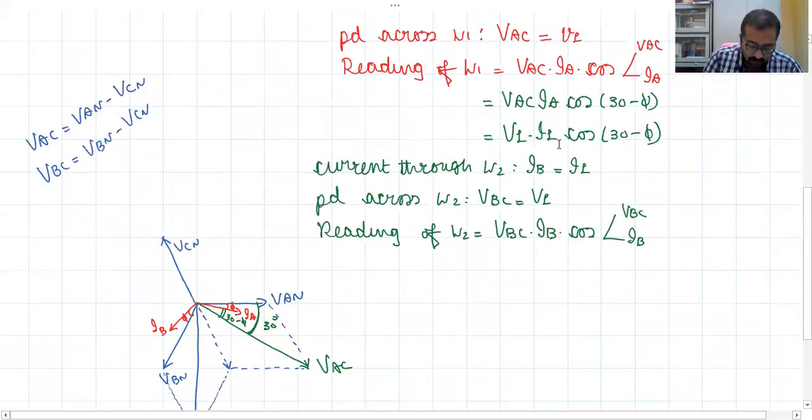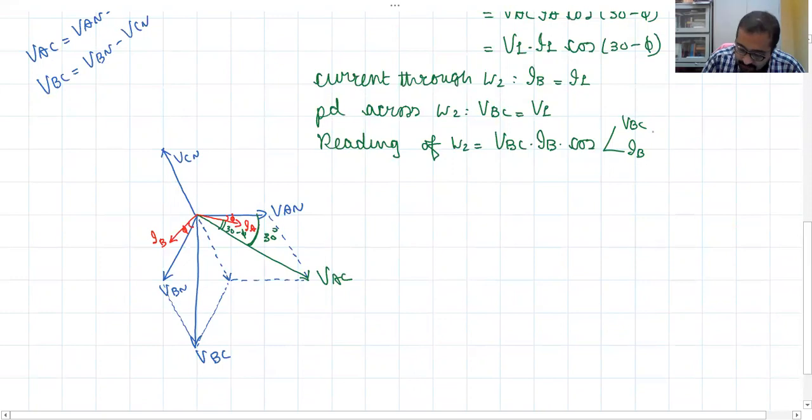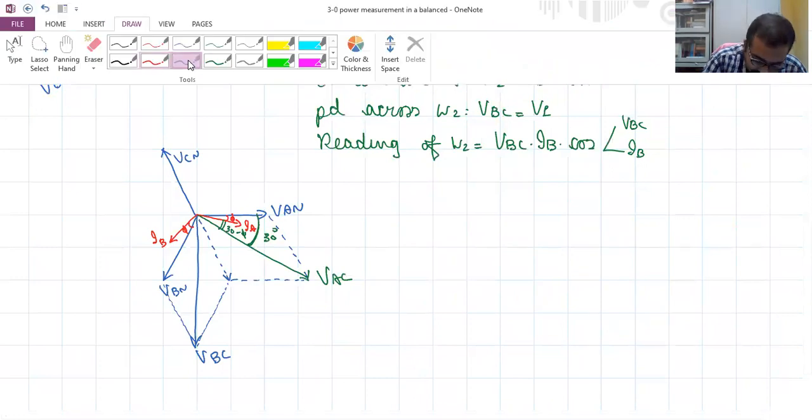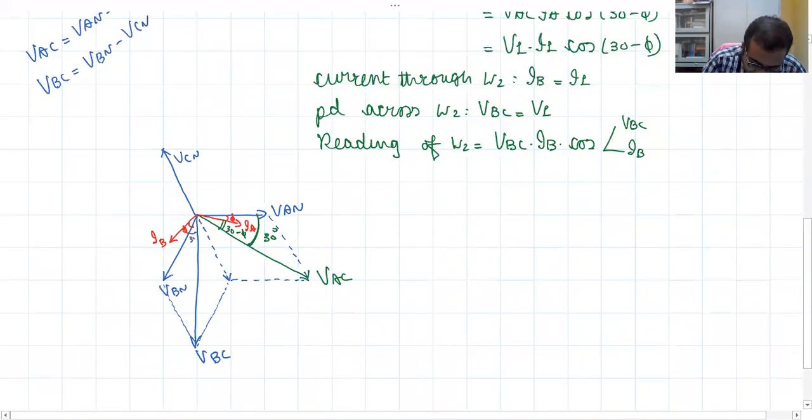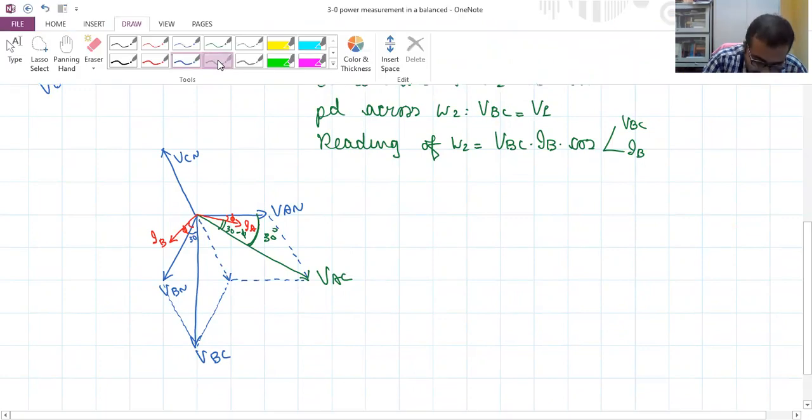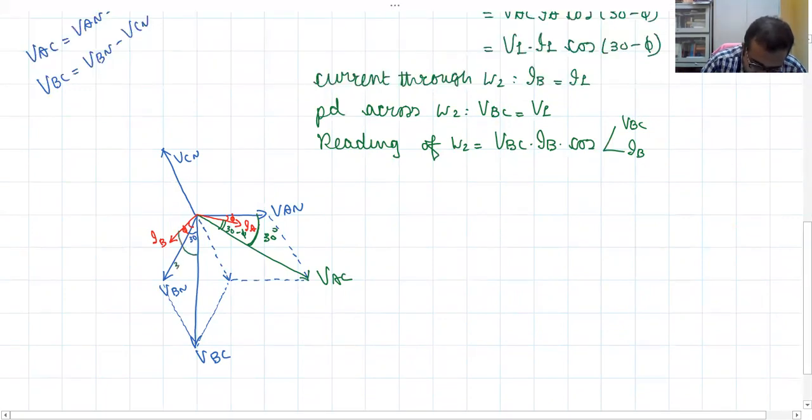So that is what is marked here. Now you tell me, what is the angle between VBC and IB? We know this angle is 30 degrees because it's a parallelogram, right? This total angle is 30 plus phi. So I can write this as VBC into IB into cosine of 30 plus phi.